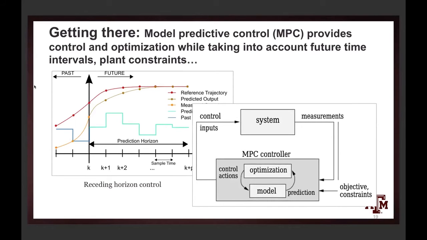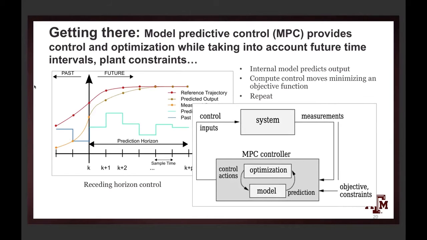And here you have a block diagram of how that would work. You would have a system or a plant that's outputting some measured values, and these are used as inputs into the MPC controller, where there are two different sides.